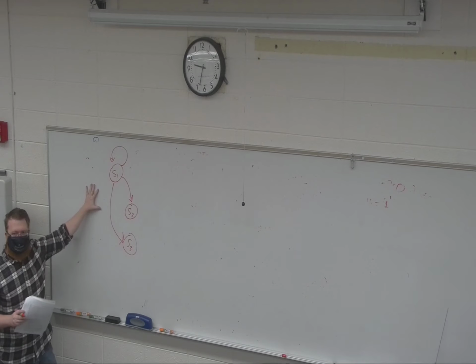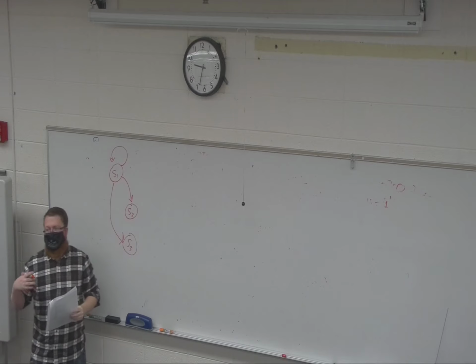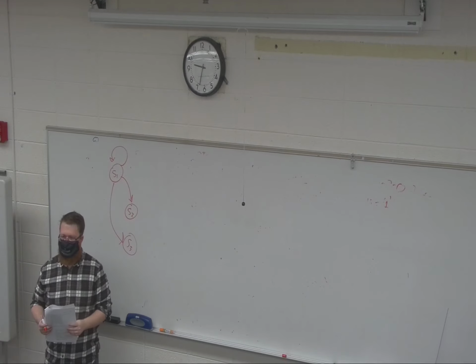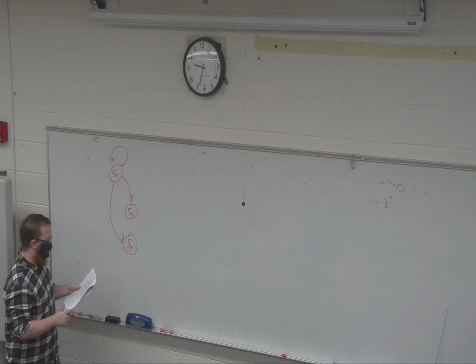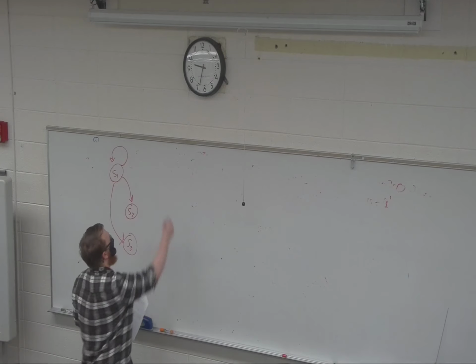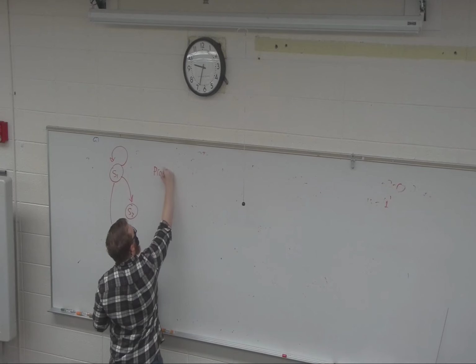Now, there's 2 ways to design this, really. You can either throw all of the state machine into one process or into 2 processes. I tend to use the 2-process method, where I have one process that is doing something like this.